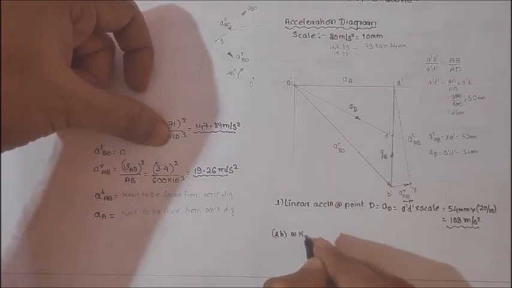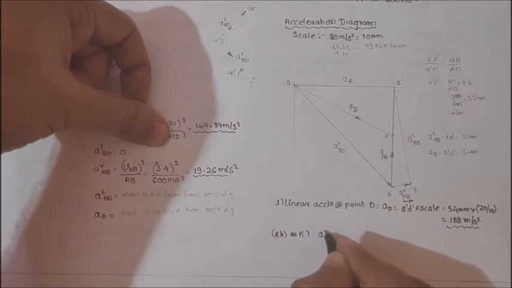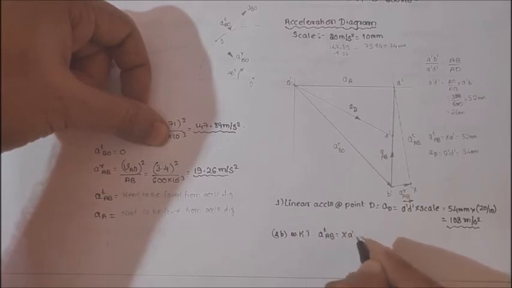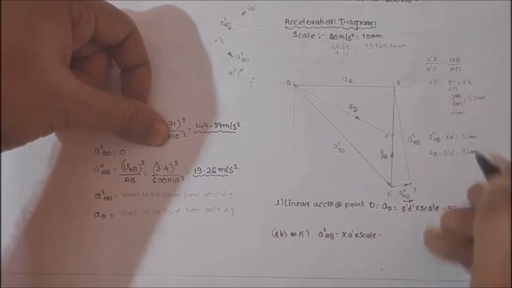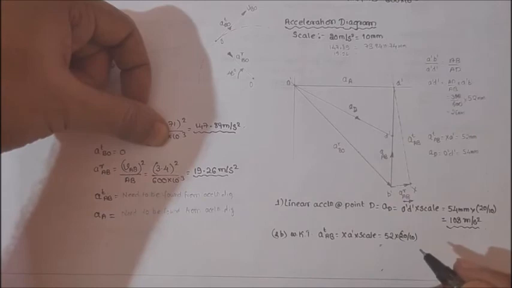We know that the tangential component of AB is equal to X A dash into scale, that is 52 into 20 divided by 10. So this is equal to 104 meter per second square.